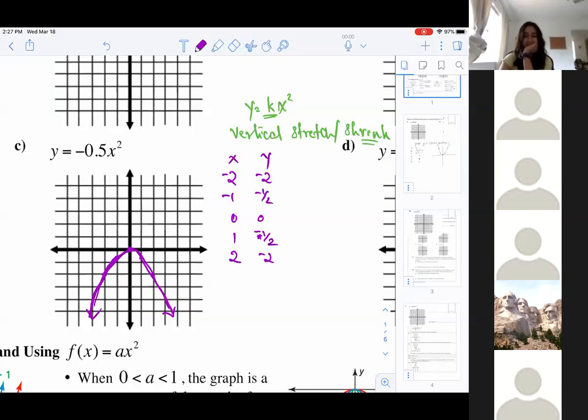So if there is a negative in front of it, that just tells you that it's a reflection, write it down, across the x-axis. That negative right here means there is a reflection across the x-axis.